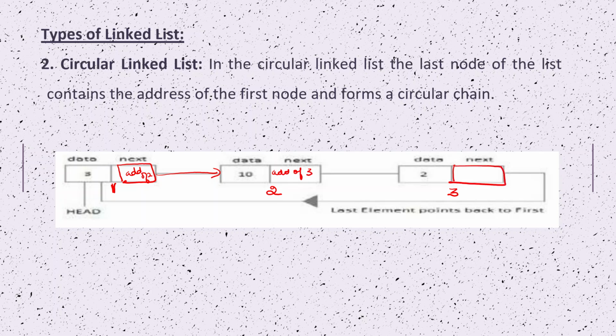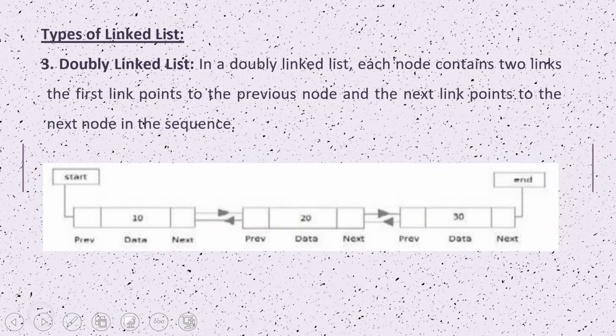If it was a singly linked list, this would have been null. But because this is a circular linked list, instead of null, it will contain the address of the first node. A circular linked list is one where the last node is pointing to the first node.